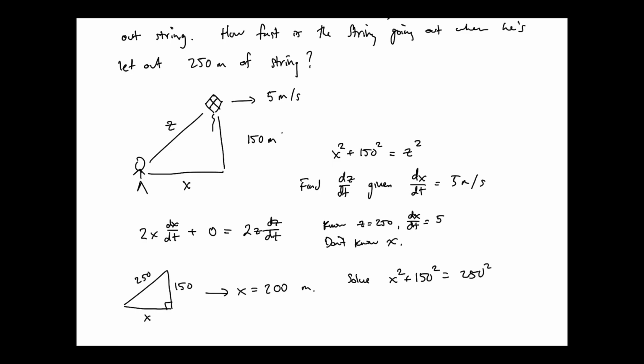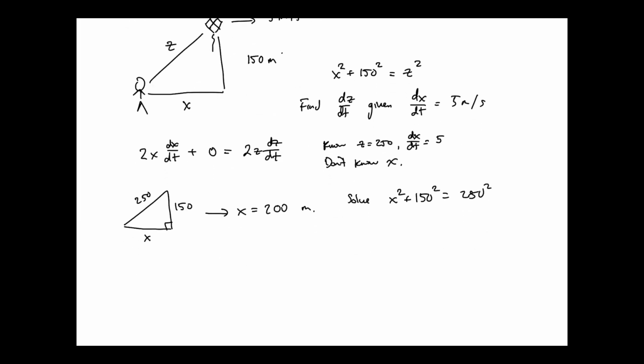So if you divide everything by 50, then you've got 3, something, 5. Well, what's 3 squared plus 4 squared? 5 squared. So that means that this one would be 4 times 50, right? Yeah, so sometimes you get lucky with the numbers. And yeah, all right, so we got what, 200 meters?